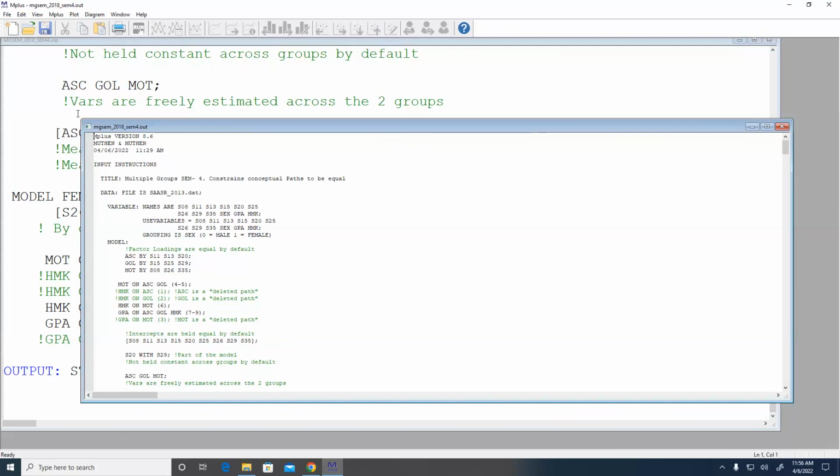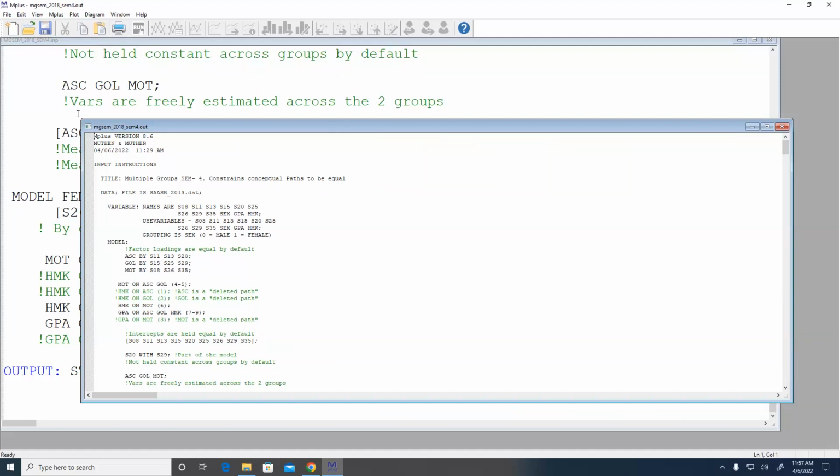Okay, so our next question is model 6. We already eliminated the goal valuation to GPA path, but now I want to constrain all of the means and intercepts to be equal across the groups. I'm not talking about the measurement intercepts here, I'm talking about the structural variables.